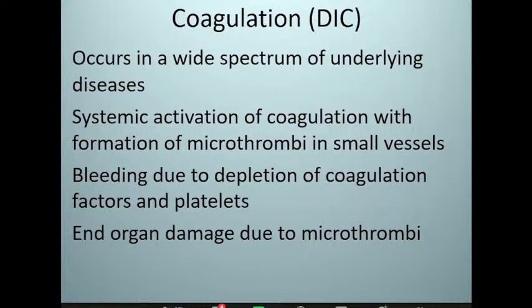Now, the fibrin which is formed, although it doesn't form a clot, the small strands of fibrin that are formed in the smaller blood vessels will affect the blood flow to those organs, and we get organ damage due to the formation of these microthrombi.